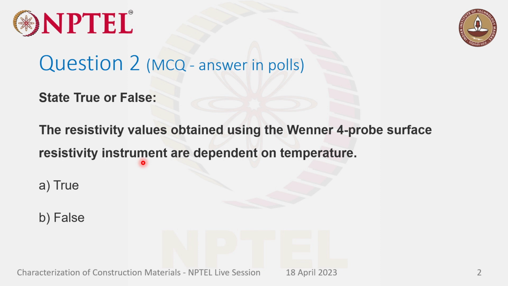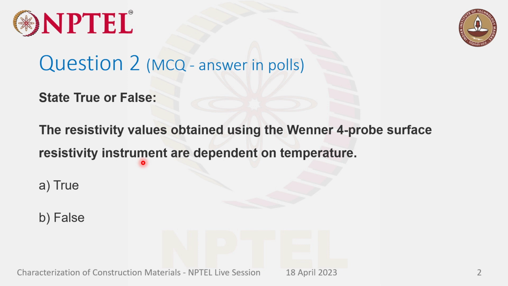But the Wenner 4-probe surface resistivity instrument can be quite commonly found in labs. There will be 4 probes from the main rod, and we just press this over a concrete specimen, then we measure the resistivity. I think the question regarding between which probes the resistivity is measured was given in the current assignment.